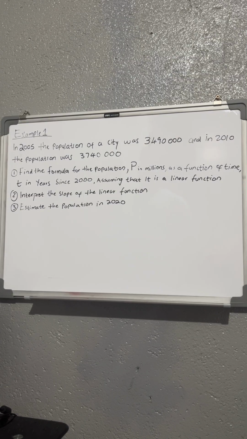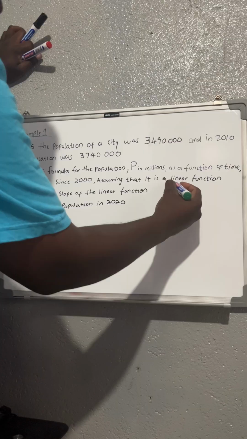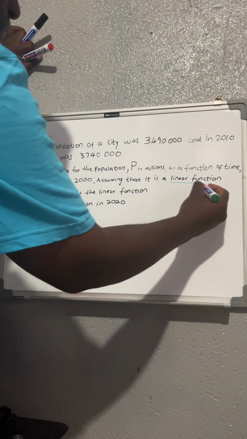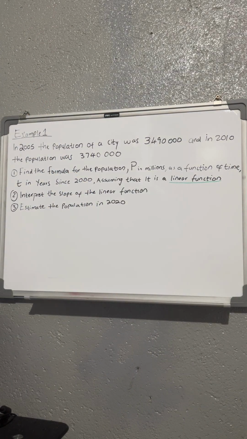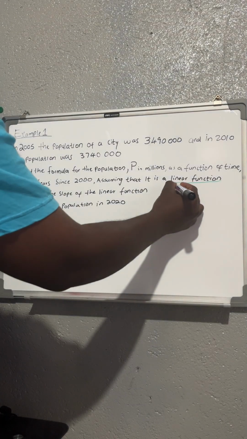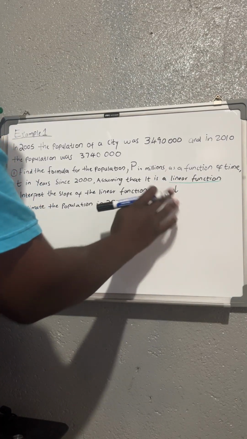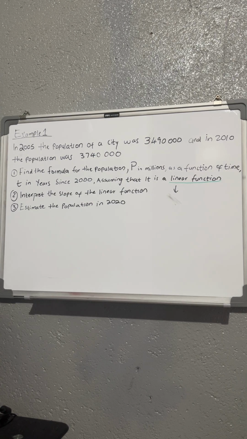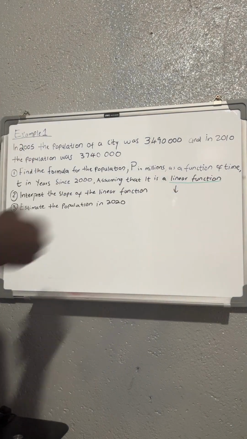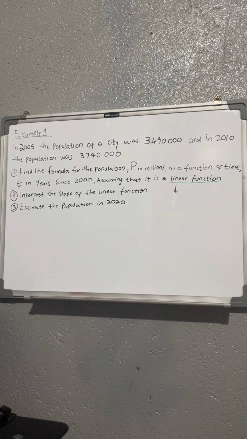So first things first, since they've mentioned that you have to assume you're going to be working with a linear function, you know that your linear is given in which form? Let me use a different pen so that you guys will be able to know.